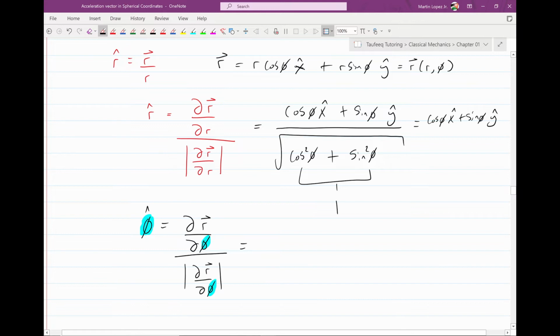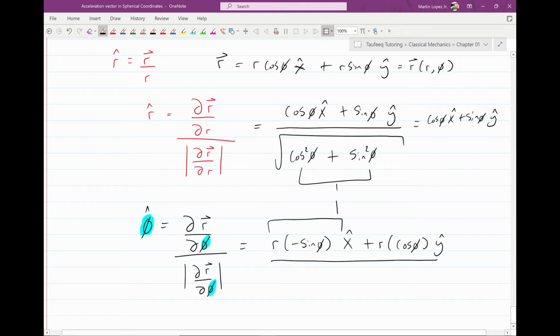So let's take the derivative of the position vector with respect to phi. We're treating r as a constant. This is going to be r times negative sine phi x hat plus r cosine phi y hat, divided by the square root of the sum of the squares of the components.